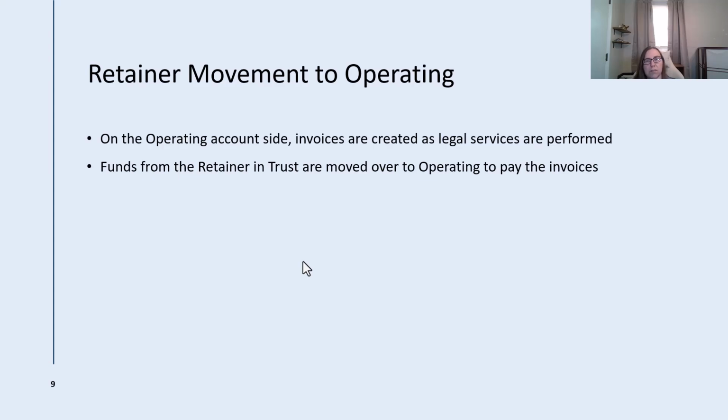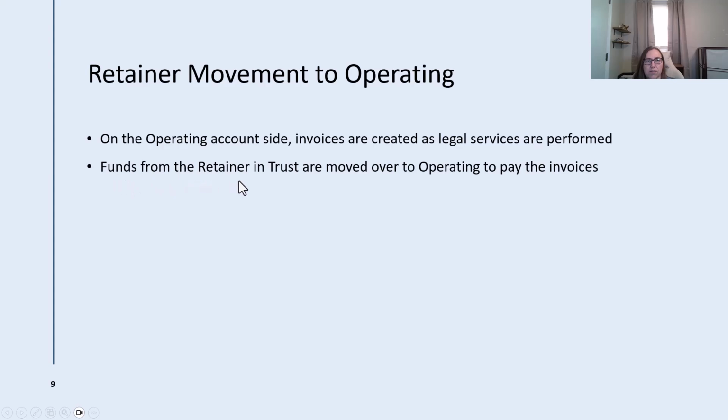So the invoice that is created is more for information purposes for them, so they know what the money was being used for. They've already paid the retainer at that point, but they probably want to know what services are being performed, how much those services have cost so far, and how much they still have as a retainer. But the invoice is still created and sent to them as normal.